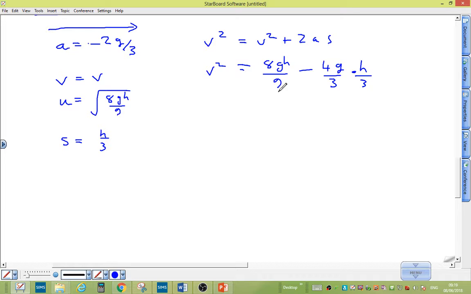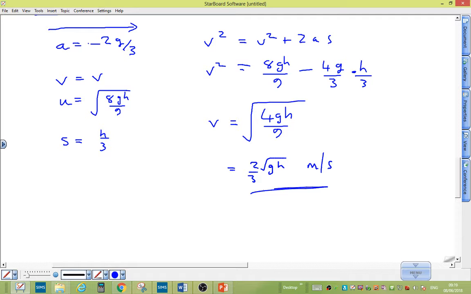Okay, so we end up with it hits P at v. We're going to work this out, gives you 4gh over 9, square rooted, which will give you 2/3 root gh meters per second is what it hits at. Okay, right.